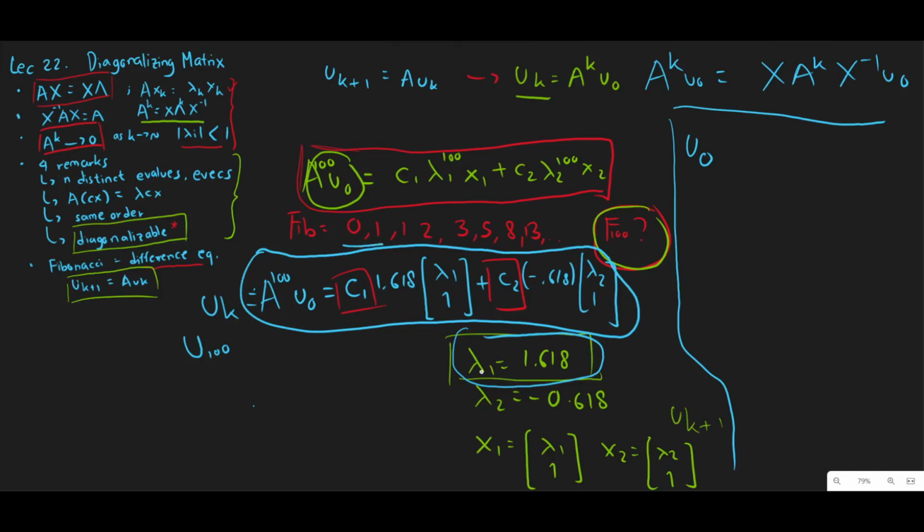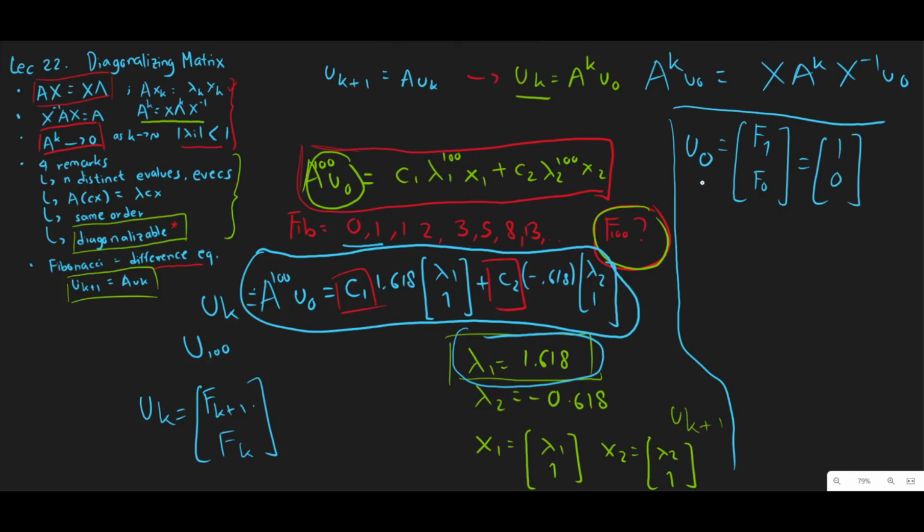I defined u_k before, as you remember in the matrix, as f(k+1) and f(k). We're still talking about the Fibonacci one here. So my u_0 will be f(1) and f(0), so that will be (1, 0).